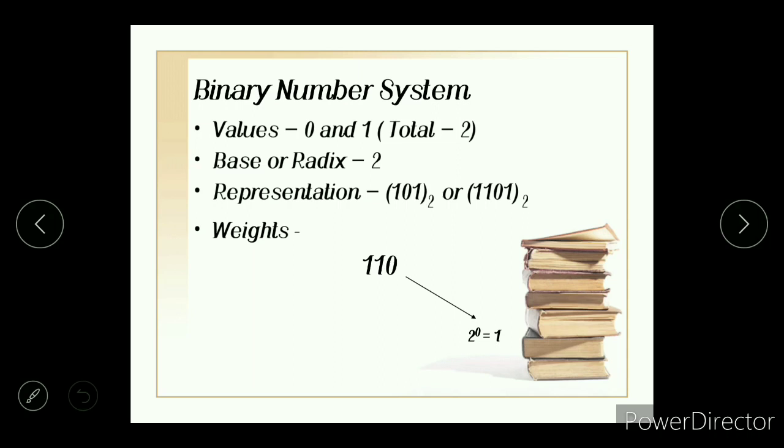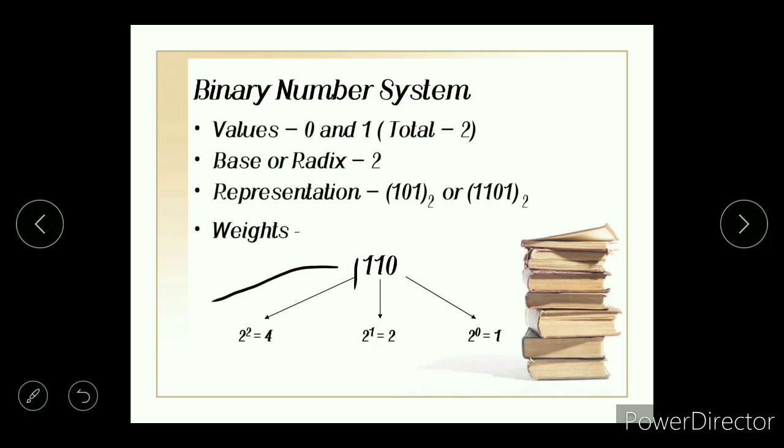The next bit, that is 1, will have the weight 2 raised to 1, which is equal to 2. The next will have 2 raised to 2, which is equal to 4. Similarly, if I add one more 1 to the left, then the weight of this one will be 2 raised to 3, which is equal to 8. Correct. If I have one more 1, then 2 raised to 4, which is equal to 16. So these are the weights of binary numbers.